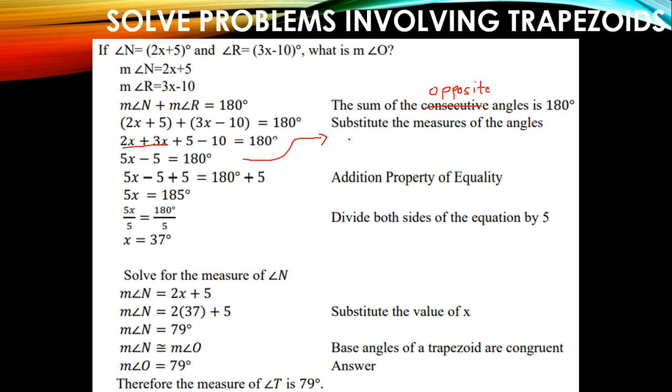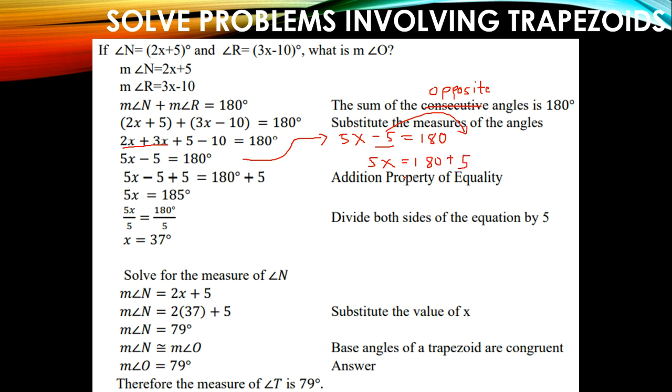Okay, so let's have 5x minus 5 equals 180. We disregard the degrees sign. The target is to have variables on the left side and numbers on the right side. Then we're going to transpose the negative 5 to the right side of the equation. The sign changes, so that becomes 5x equals 180 plus 5.